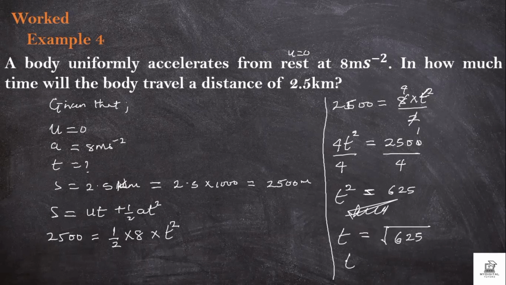So therefore, t is equal to, when you find the square root of this, 25 seconds. So the time taken to travel a distance of 2.5 kilometers is 25 seconds. I hope this is taken.